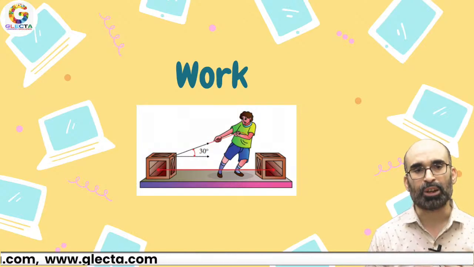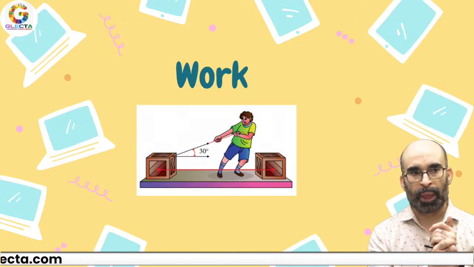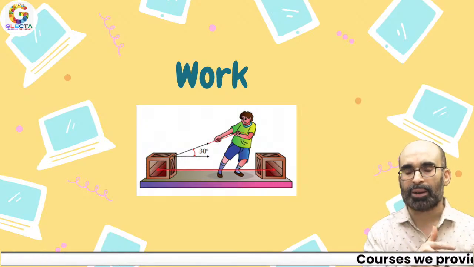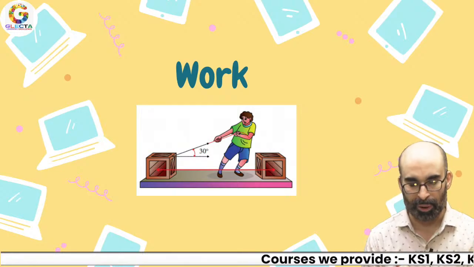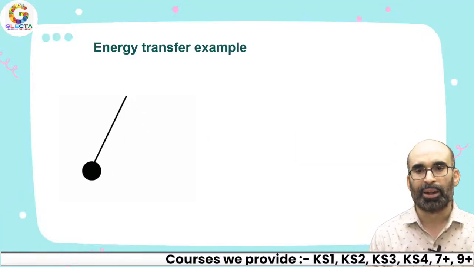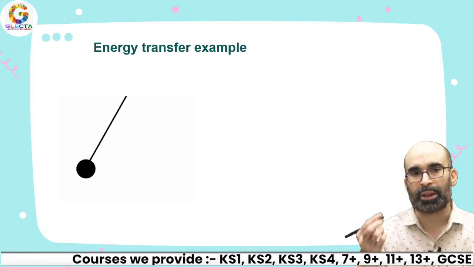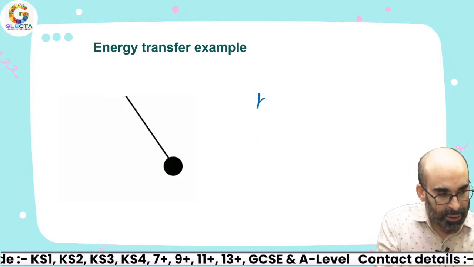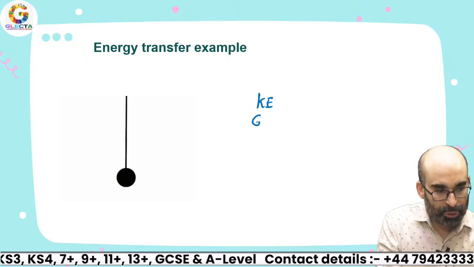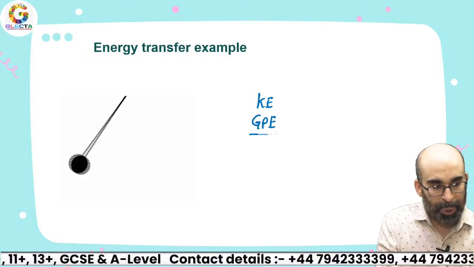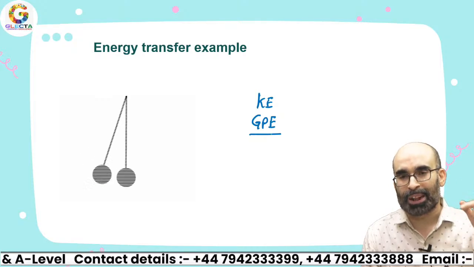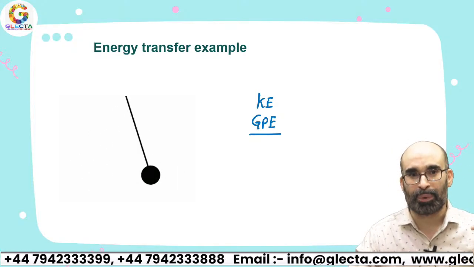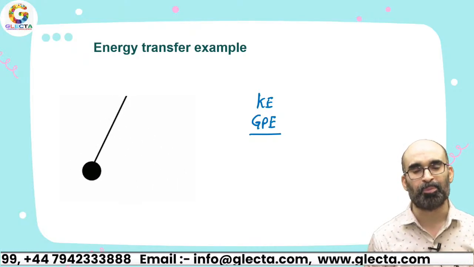So chemical energy, Michael, was not taken into consideration in this situation. There is no chemical energy that we are going to discuss in this. You have only kinetic energy and gravitational potential energy.